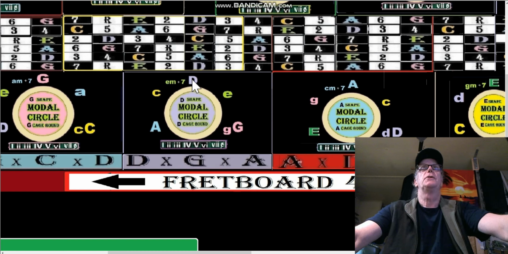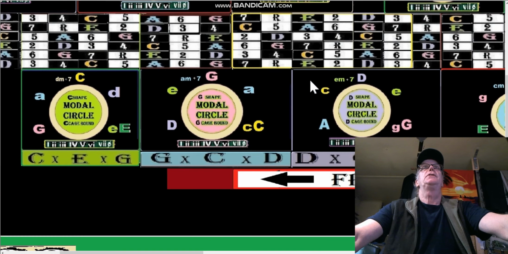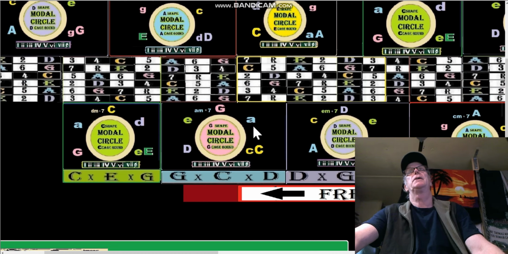The 7th, so it's first, it's Ionian, Dorian, Phrygian, Lydian, Mixolydian, Aeolian, and Locrian. But mostly you're looking at the word cage, C-A-G-E-D. Okay, because it's easy to look at the C cage when you go E minor to an E-shaped F. That's all it is. That's why we say C-E-G. So that's what's up there on that chart.